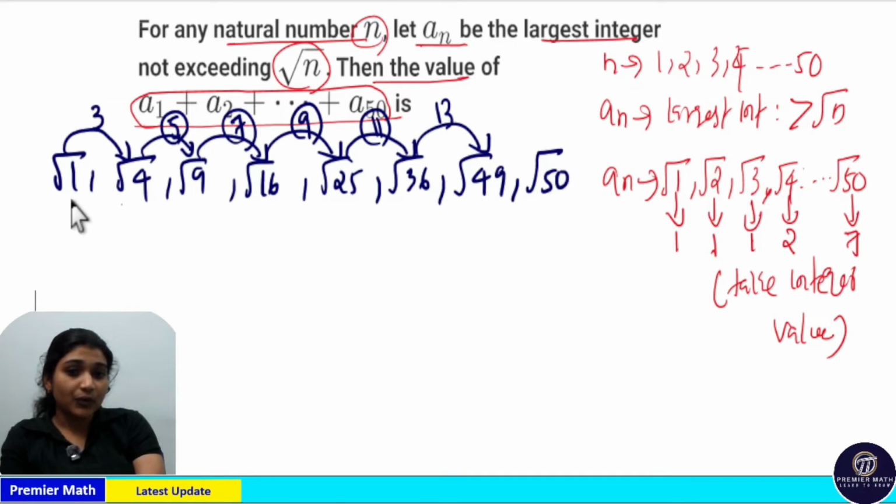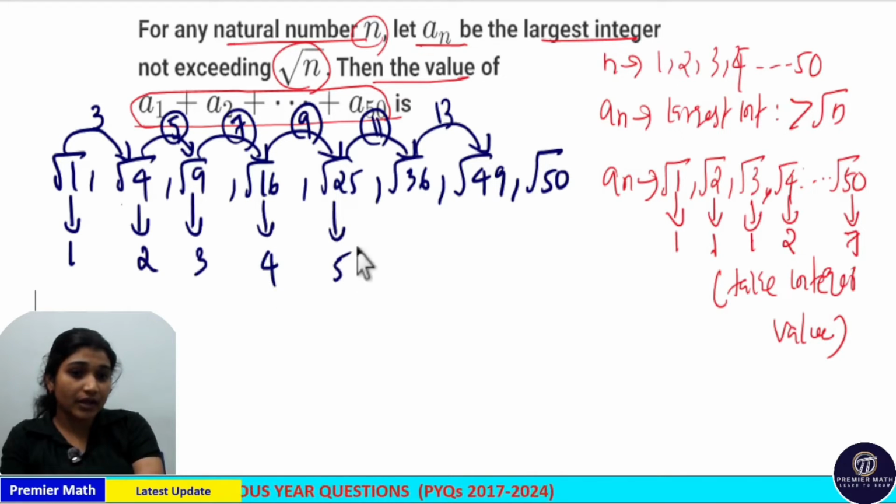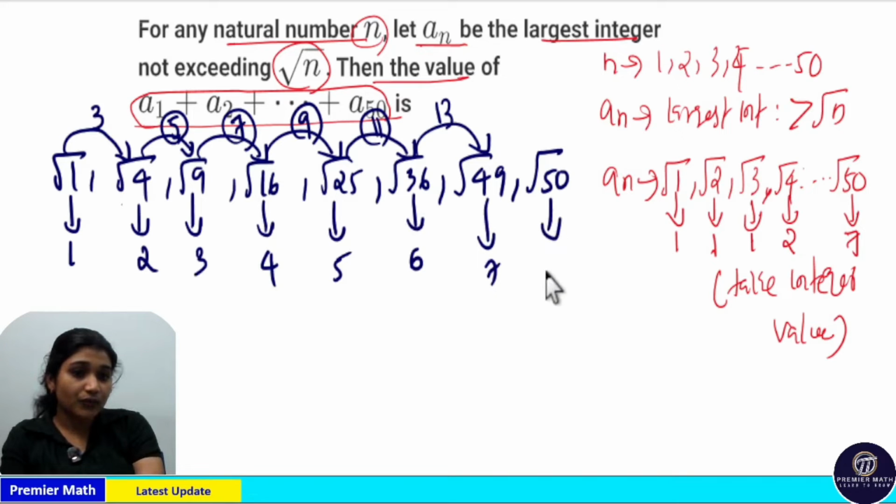Here root 1 is 1, root 4 is 2, root 9 is 3, then 4, 5, 6, 7, and root 50's integer value is also 7.